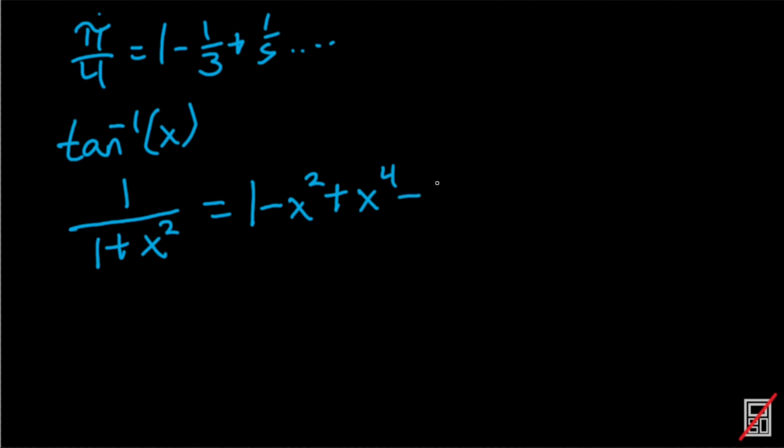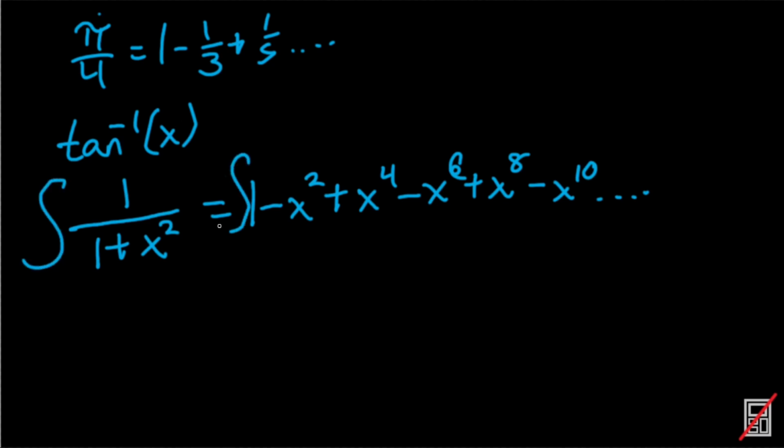can write this out as an infinite geometric series with multiplicative term x squared. And we get something like this. Integrating both sides, taking the integral of both sides, will be equivalent.